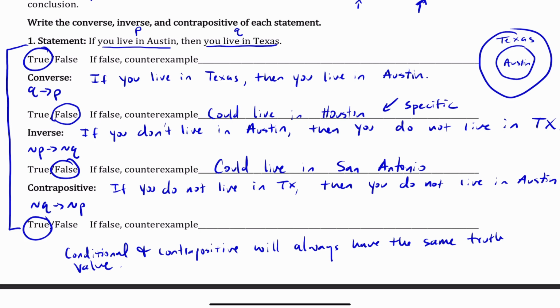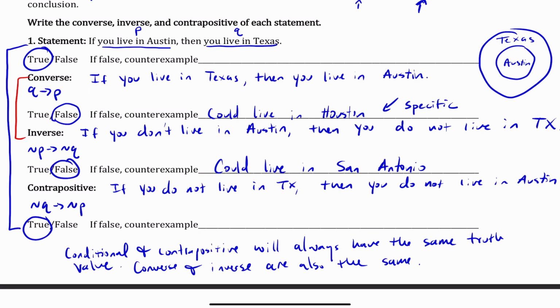And then you can see that the converse and the inverse are also the same. Okay? Now, one misconception about the truth values being the same is that, yes, they are the same. So the conditional and contrapositive are the same, and the converse and the inverse are the same.